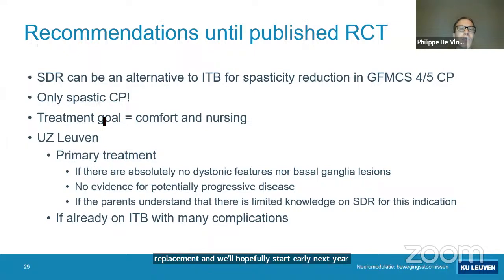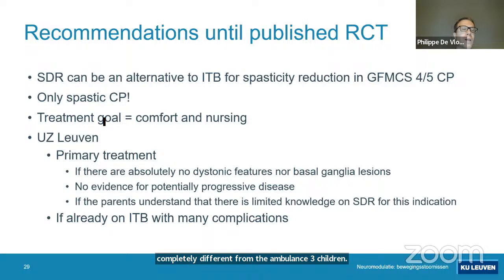So for now, I can recommend that until the RCT has been conducted and published, SDR may be an alternative to ITB for spasticity reduction in GMFCS 4 and 5 CP. However, I would definitely restrict it only to pure spastic CP. And you need to realize and explain to the parents that the treatment goal in SDR is completely different from the ambulatory children. We're talking here purely about comfort and nursing.